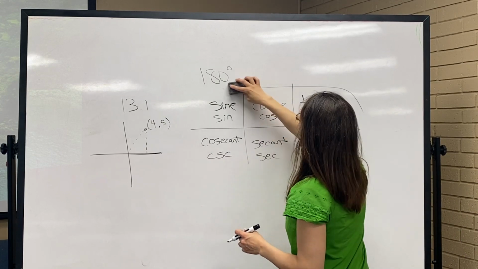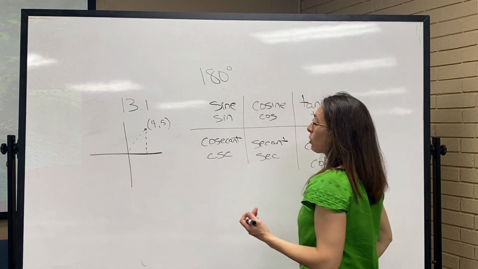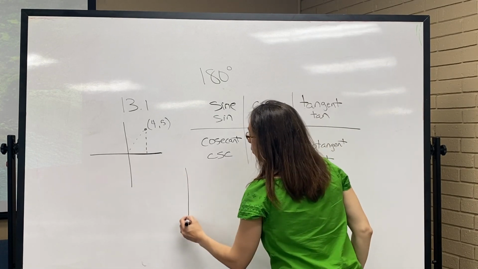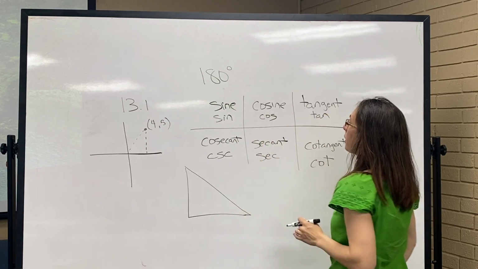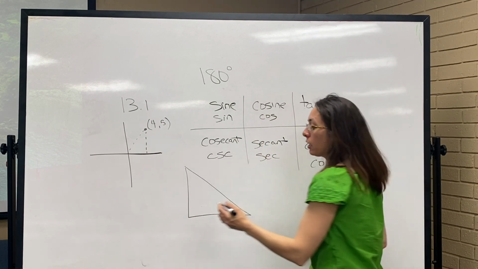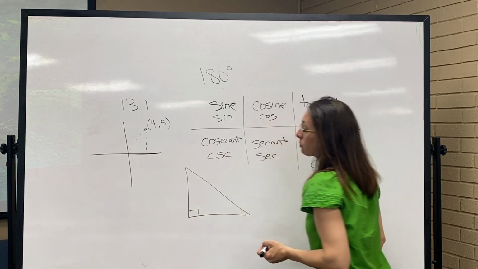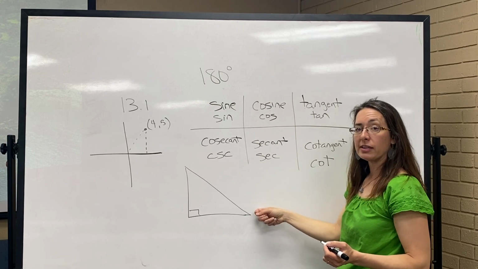How do we actually apply our words with our triangles? Well, one thing that's important to note is that when we are using sine, cosine, tangent, and their inverses, we are specifically talking about right triangles. So one of the things that we know is that every triangle has to be 180 degrees.